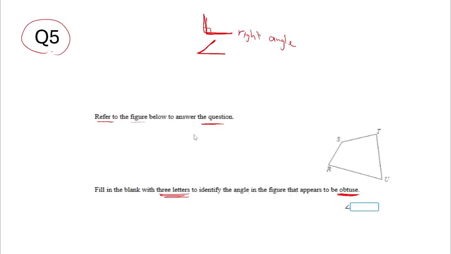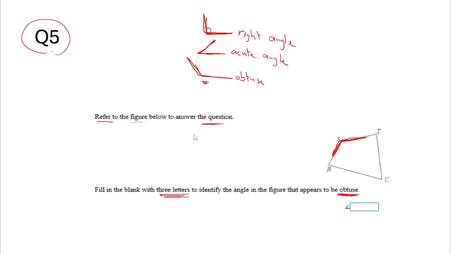This is an acute angle. And this shape is an obtuse angle. So let's see which angle here is like this one. We are seeing T, no, U, no, R, no. S angle, yes. It has the same shape here.